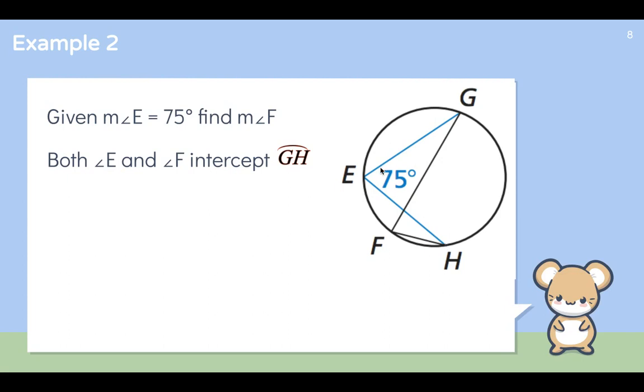Since both of these angles, angle E and angle F, intercept the same arc in the same circle, they must be congruent. Sorry, I got a little sloppy with my digital drawing there. So the measure of angle F must equal the measure of angle E. They must both be equal to 75 degrees.